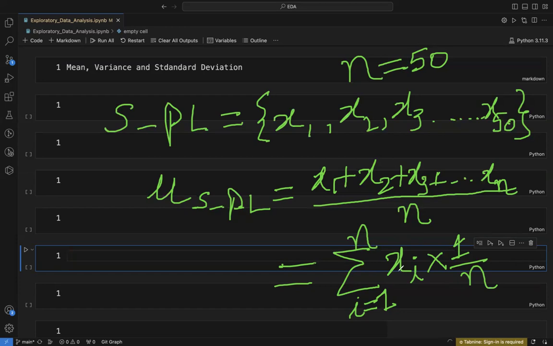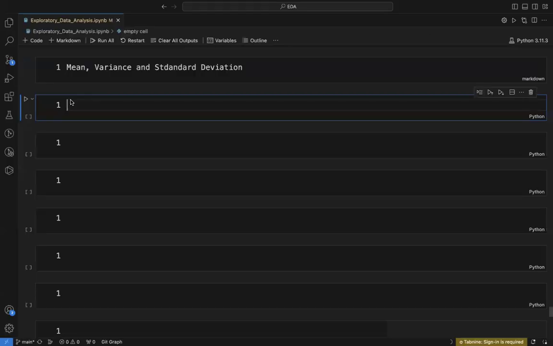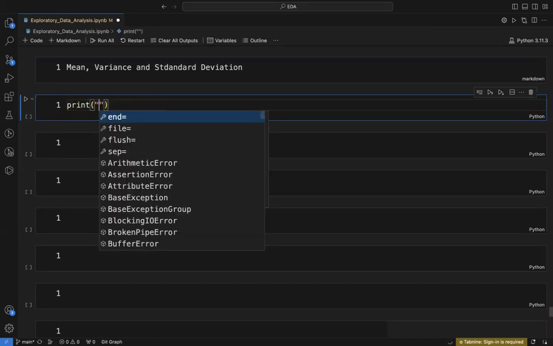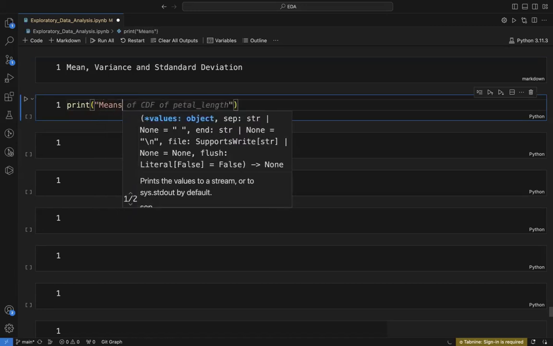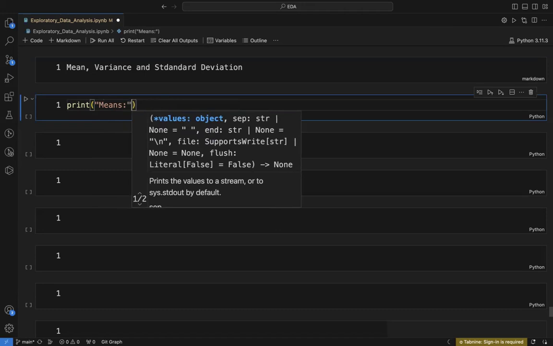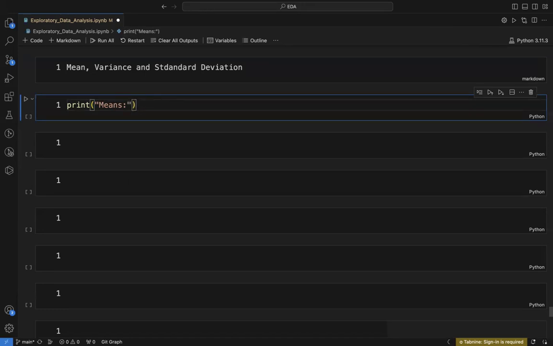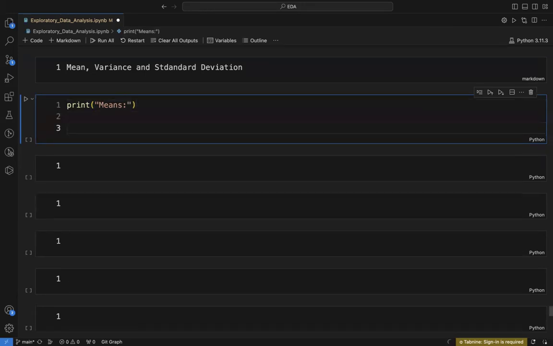Let's write some code to calculate the mean here, and then we will discuss something further. Let's first write a print statement, print, and let's say I want to print this thing first, mean. From the next line, let's start writing my actual code.